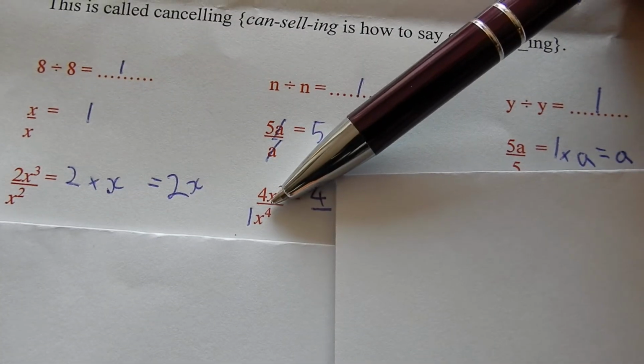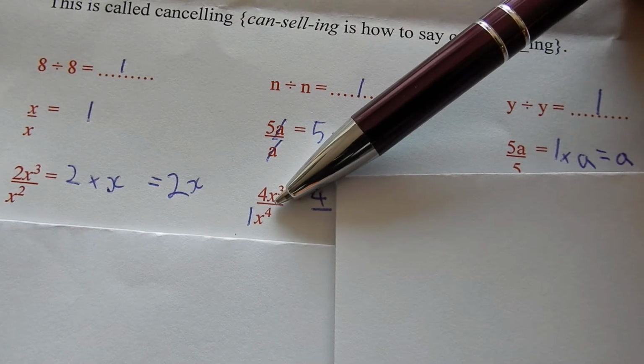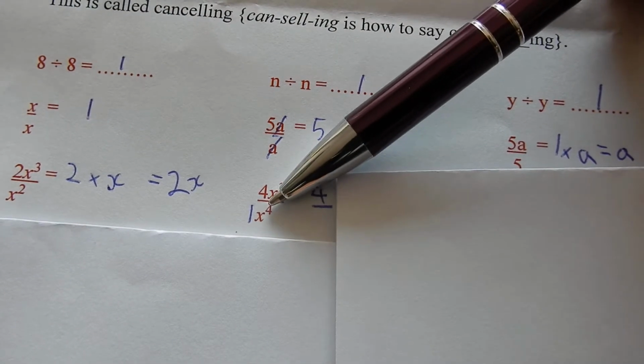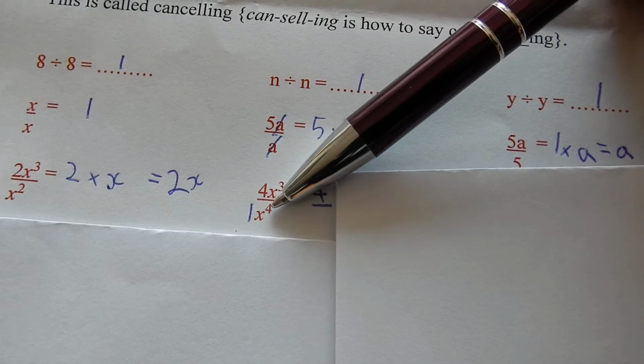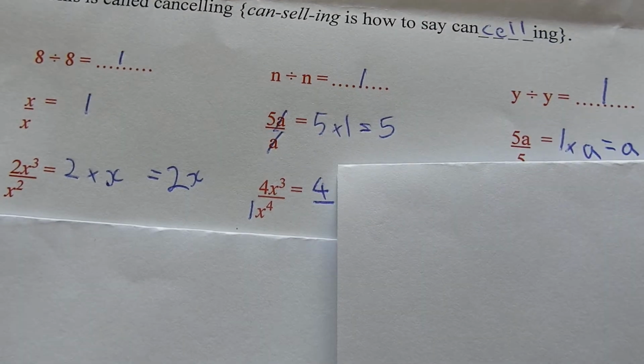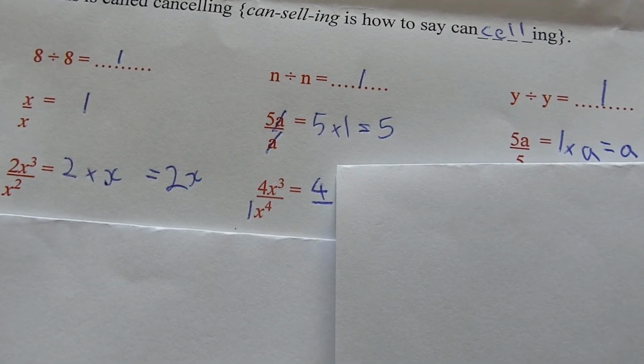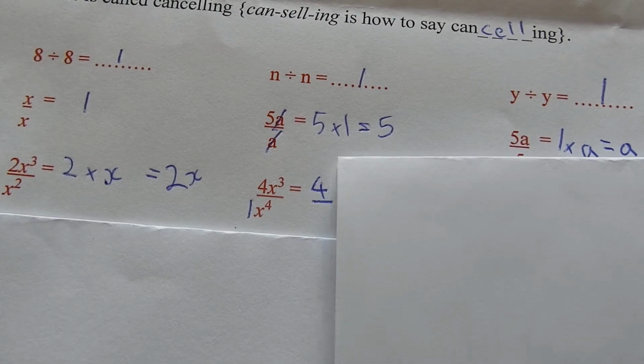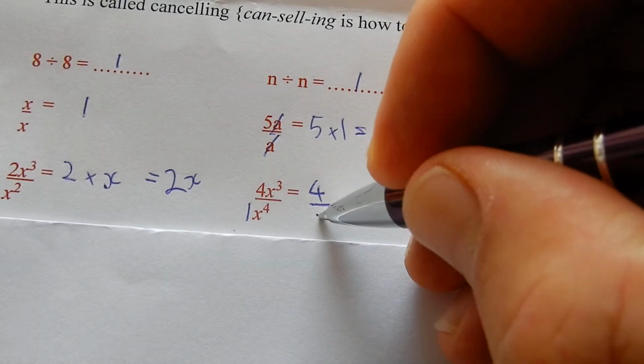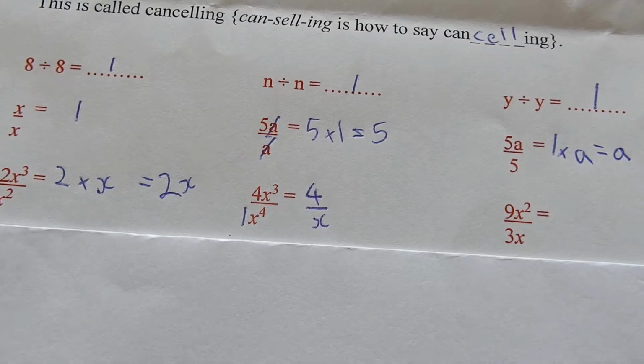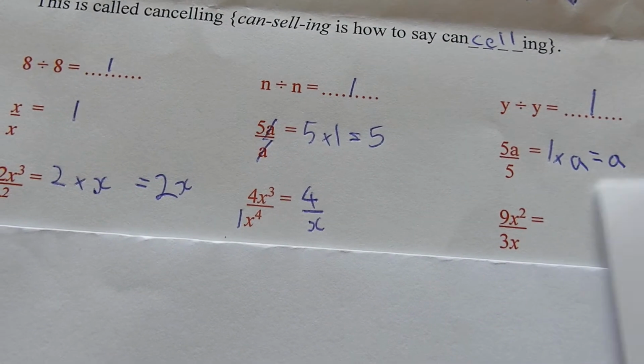This little 4 means x times x times x times x. This is not x times 4. This is x times itself 4 times. x times x times x times x. So there's 1 more x on the bottom than there is on the top in the question. So there's 1 more x on the bottom than there is on the top in the answer.